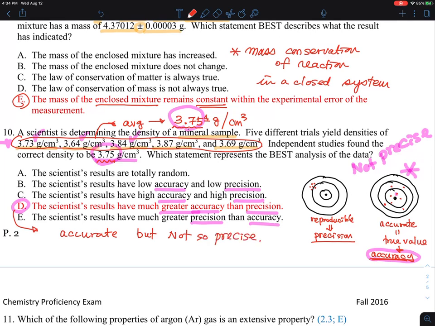Okay, I guess the definition of reproducibility is somewhat subjective, but I think we're trying to say we want to know the difference between the precision and the accuracy here. So the answer here is D.